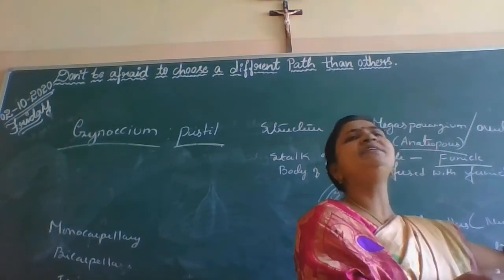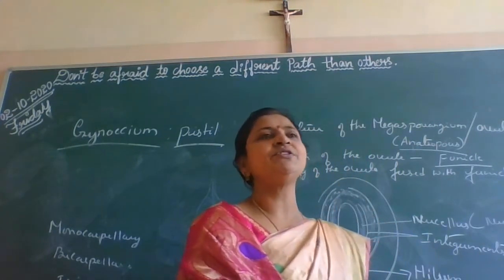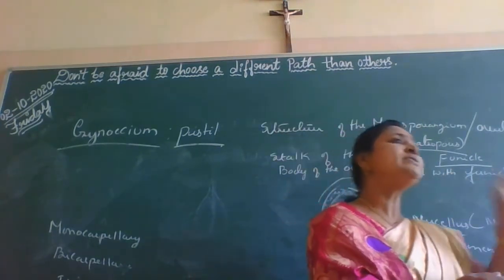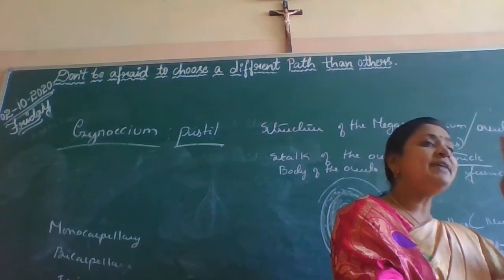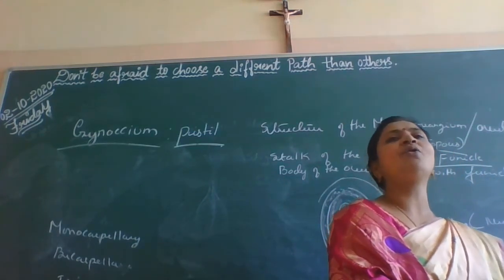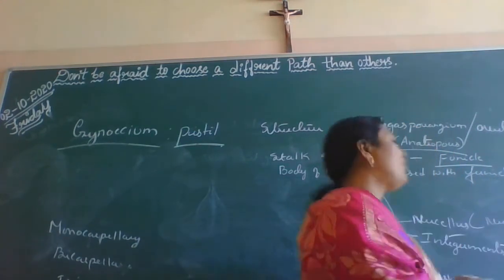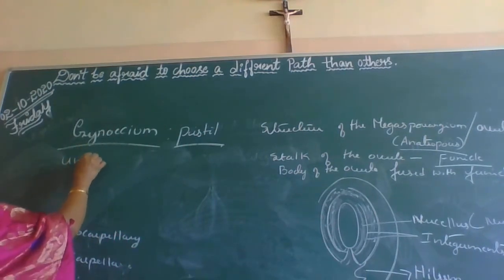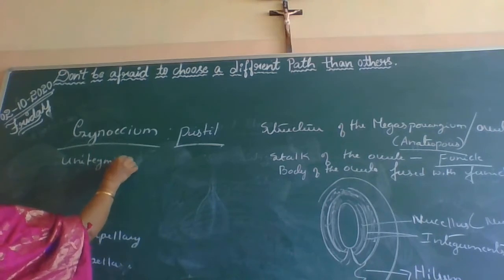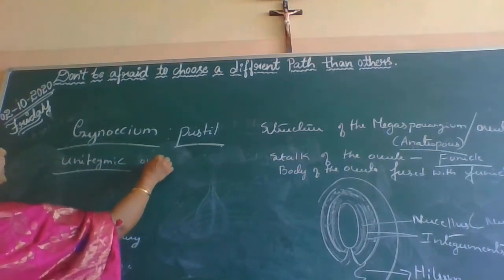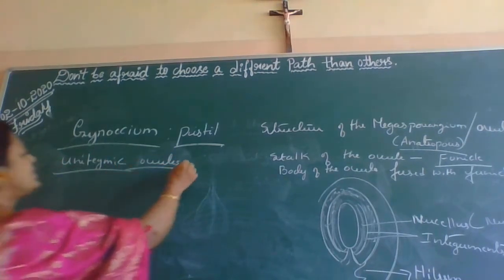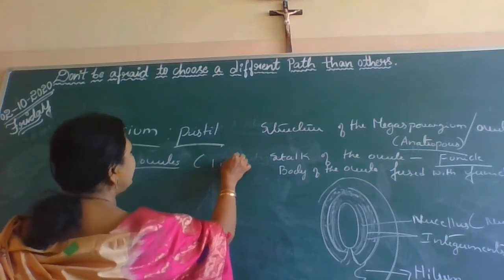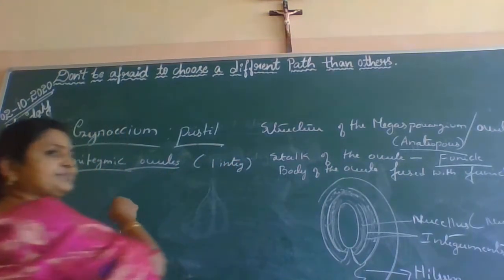We will discuss that in the multiple choice questions. Now, those having a single integument are called as unitegmic ovules. What are unitegmic ovules? The ovules having only one integument.